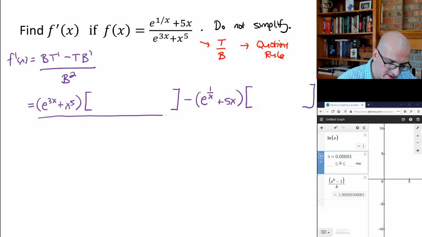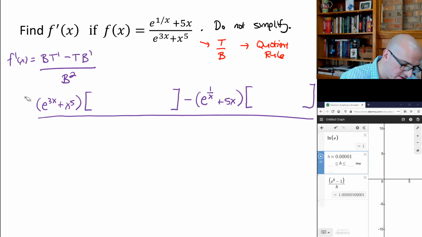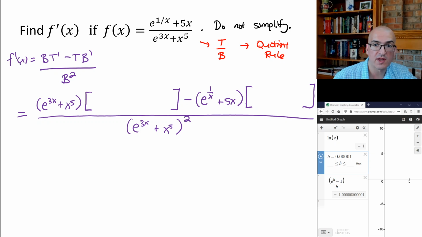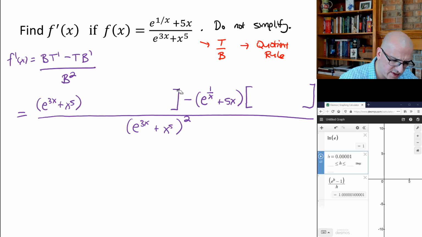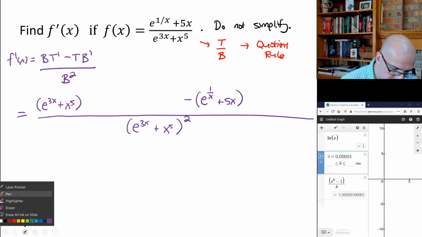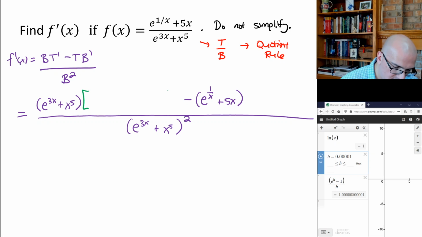All divided by the bottom squared. E to the 3x plus x to the 5, all squared. So that's the structure of the problem that we're going to have. Now I just need to know what to plug into those two boxes. I'm just going to color code them, because why not? So the first one I'll make green, and then the second one I'll make blue.